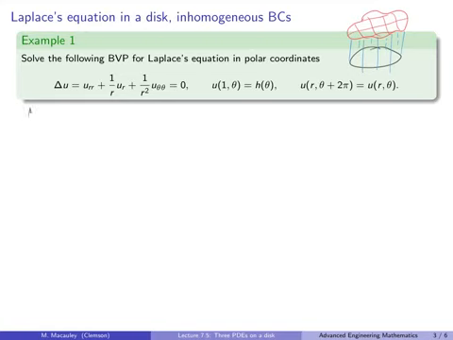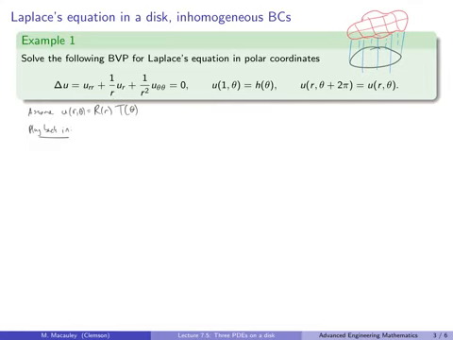So let's assume that u of r, theta equals big R of little r times big T of theta, as before. And we're going to plug back in. Now I don't need to write the derivatives, we've done this enough.